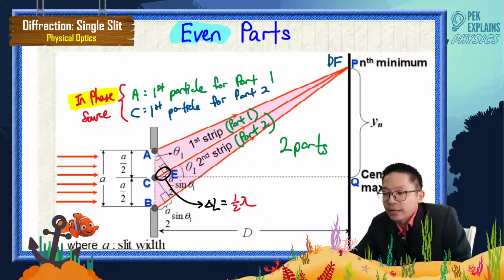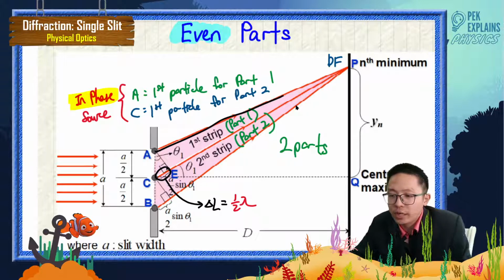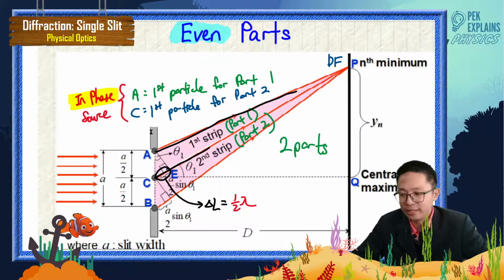You see here, I draw it out. The first wave here cancels each other already. The first particle for part 1 and first particle for part 2 cancel each other.